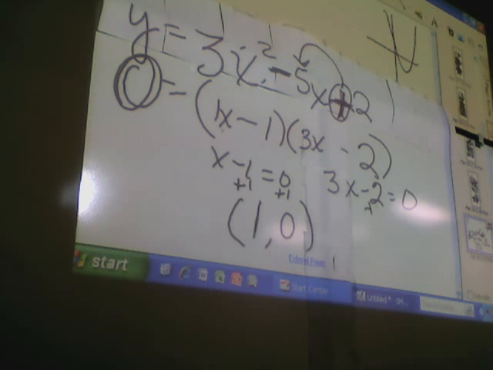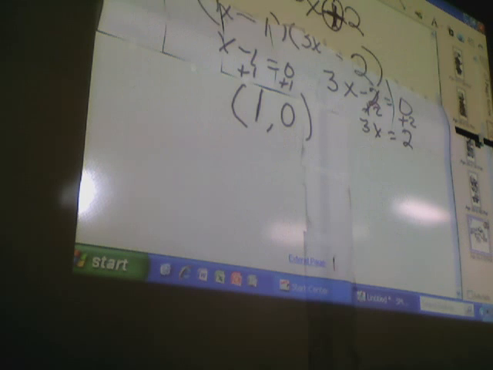We have plus 2 first. So 3x comes down, equals a 2. So we need to divide by 3, right? To solve this, divide by 3. So x is 2/3. And we're going to write it like we did the other x-intercept with a 0 in the y-coordinate.